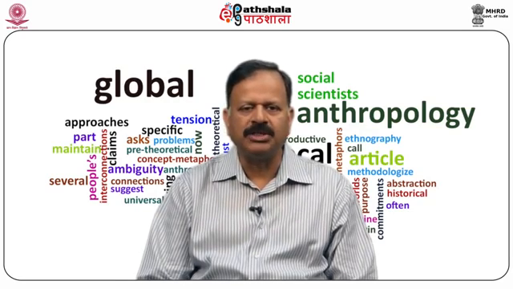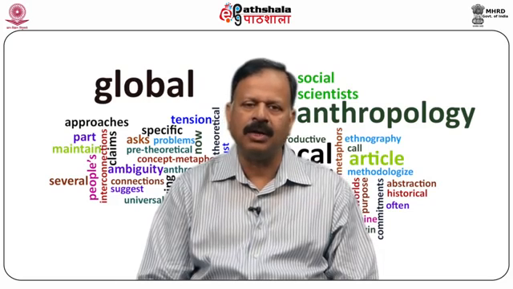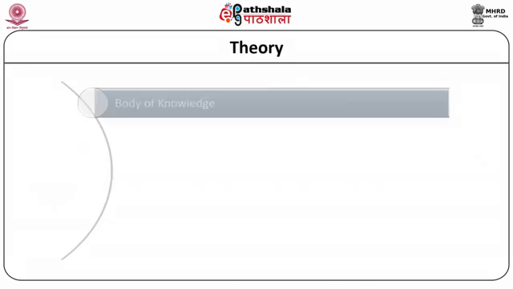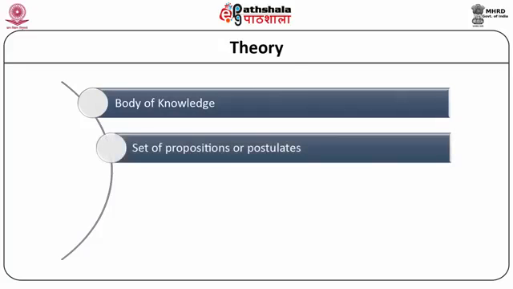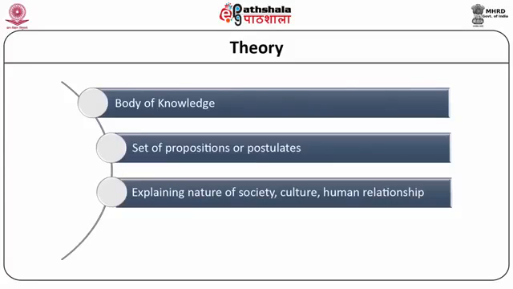To which set of ideas do we call a theory? A theory is a body of knowledge, if I am allowed to explain in a very simplified manner. It's a body of knowledge, or a set of propositions, set of ideas, set of postulates explaining the nature of society, nature of culture, or explaining the nature of human behavior, human relationships.